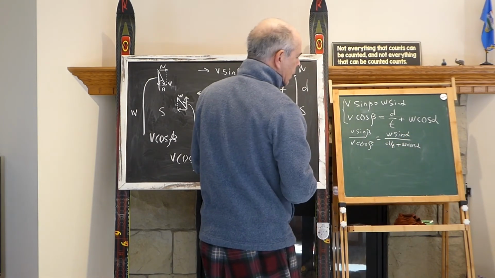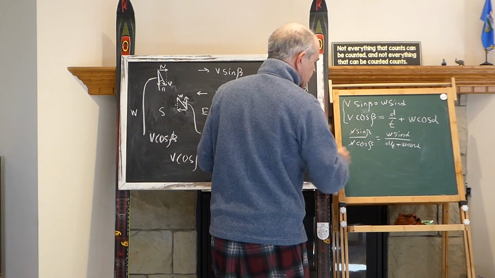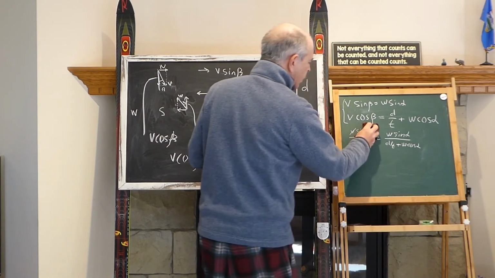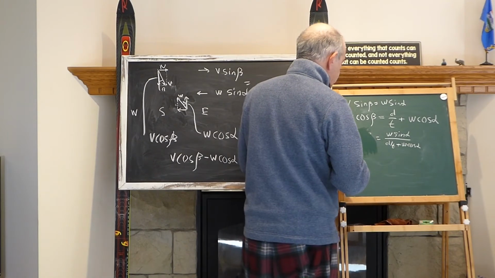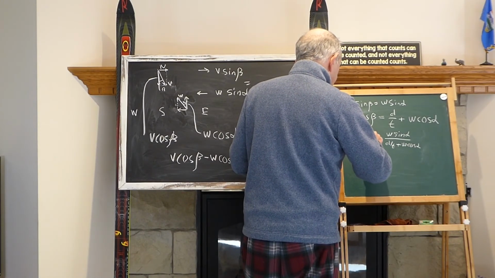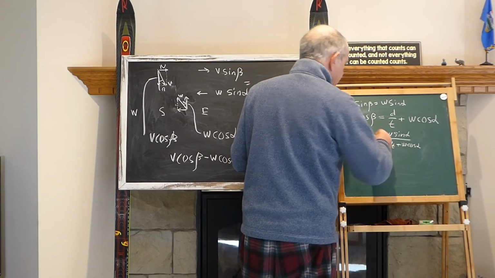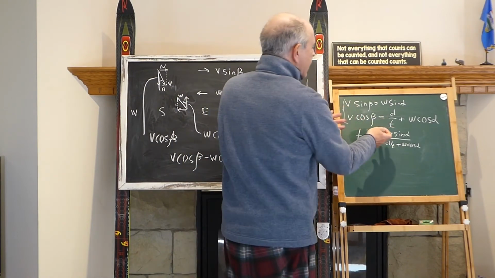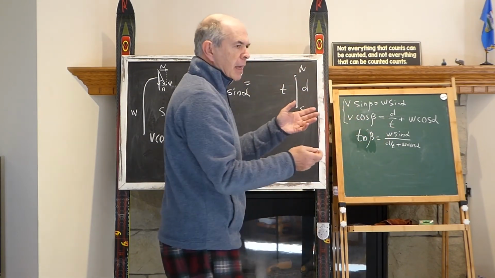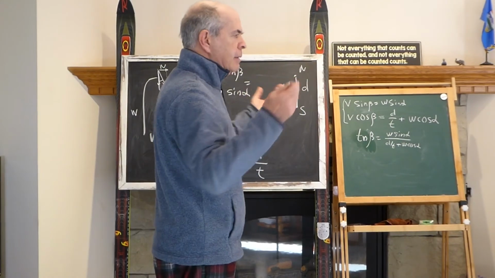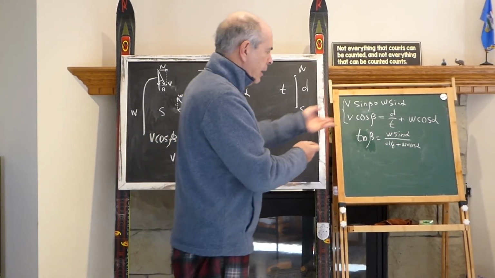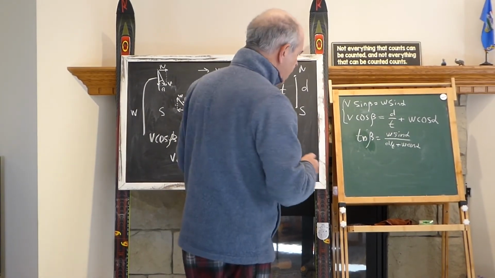And I don't want to rewrite it. I simply say v is gone, and sine over cosine is the definition of tangent. So it would be tangent beta equal. So plug in the numbers and get the tangent, take the arctangent, and this you can do of course with a calculator, and I'm not going to repeat it here.